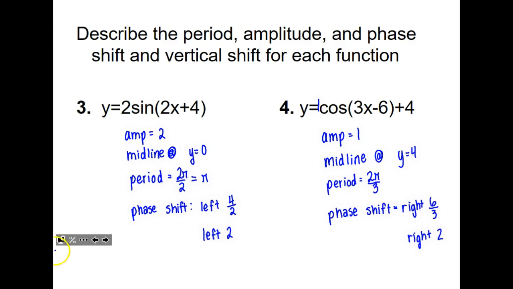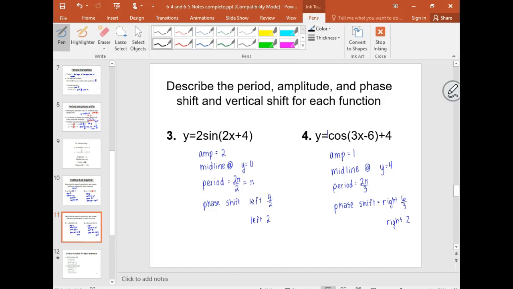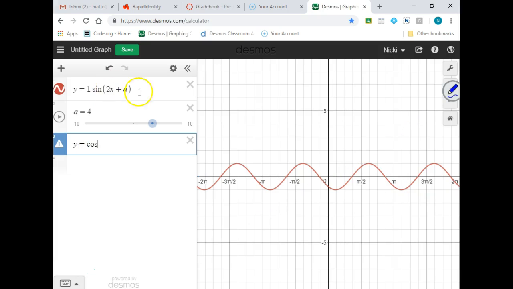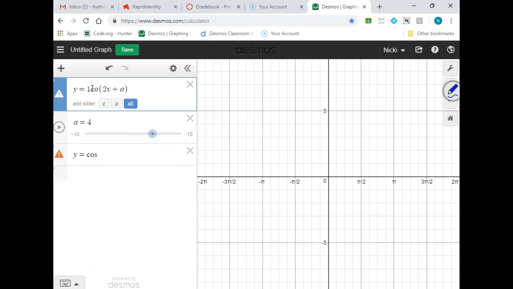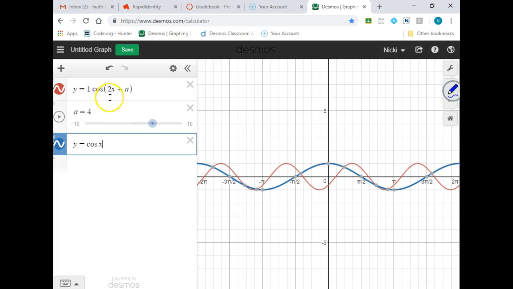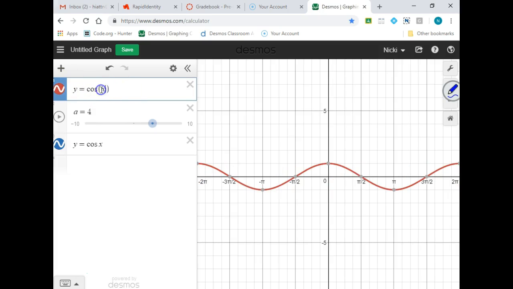Let's look at that graph real quick. I love this program right here. So good. Is that one a cosine or sine? Cosine. All right, so let's start with cosine. Oh, wait. That's the x there. All right, so what do we have here? 3. Okay, we really can't see that.